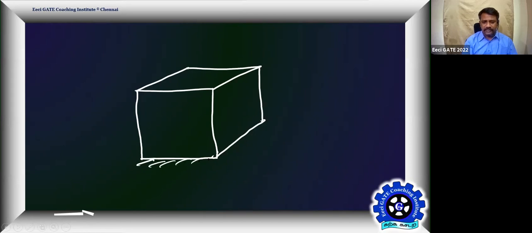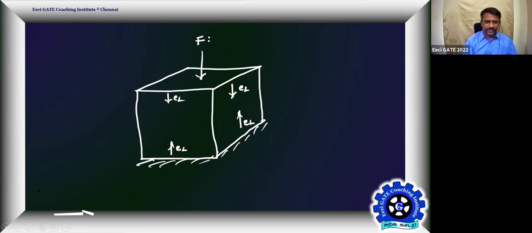This is a rigid surface. The metal block cannot move. The force is applied here. For the applied force, there is a stress, there is a strain. So how do we get the strain? The strain EL is this way, EL is this way, and here also EL is this way, EL is this way.